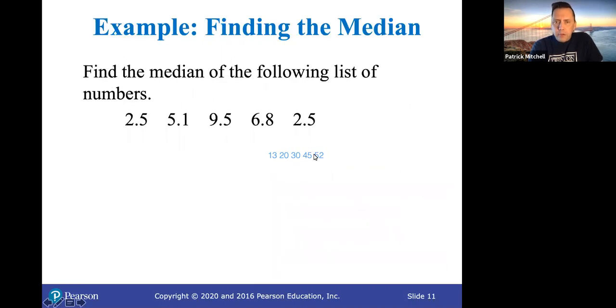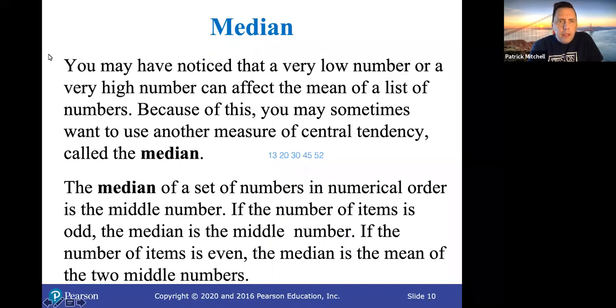However, if I added another value to this, let's say 60, well, now there is not one score right in the middle, there are 2 scores right in the middle. So what we do in that situation is take the 2 that are in the middle, so in this case the 30 and the 45, and take the average of those 2, the mean of those 2.